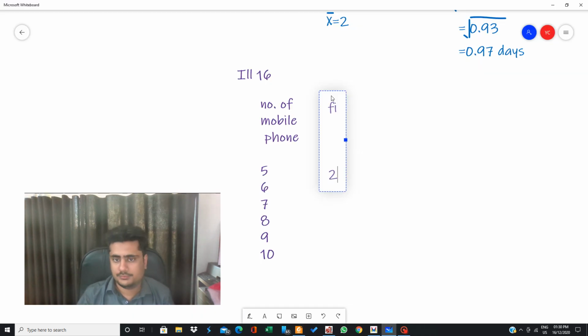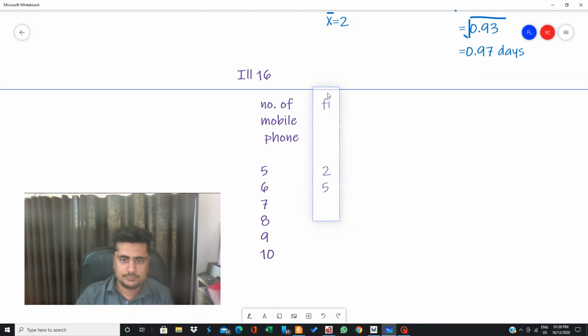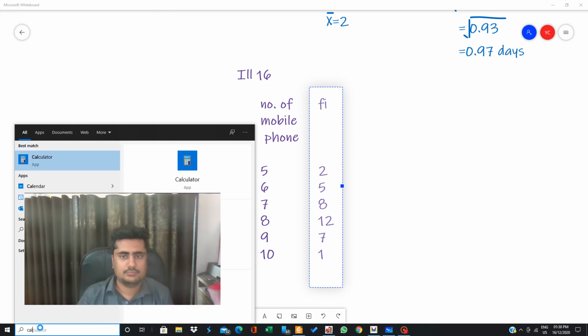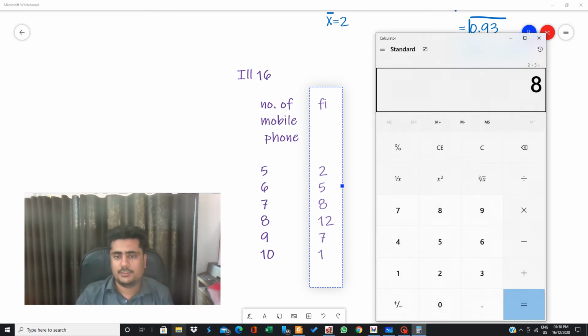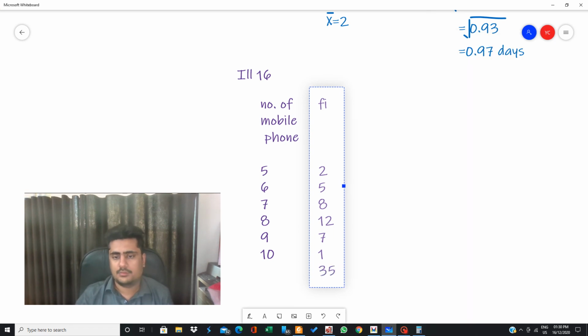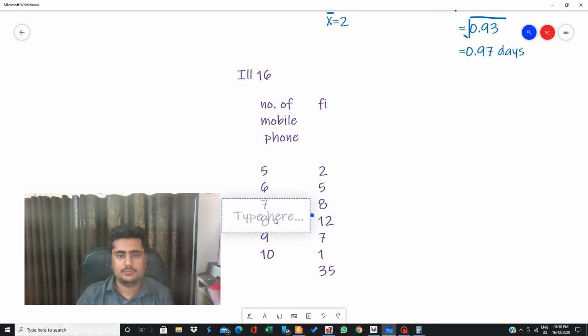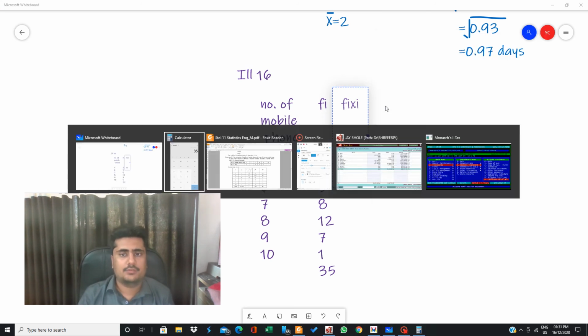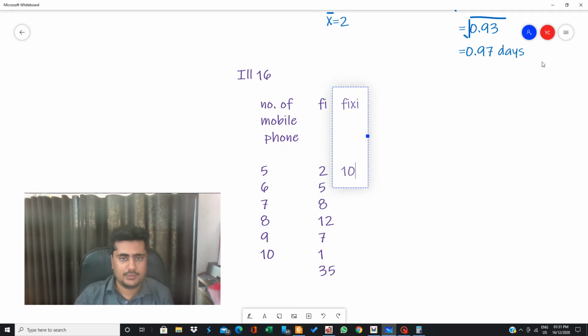The frequencies are 2, 5, 6, 2, 5, 8, 12, 7, 1, and the total is 35. Now let us find fi xi. What is this frequency actually? Number of days.